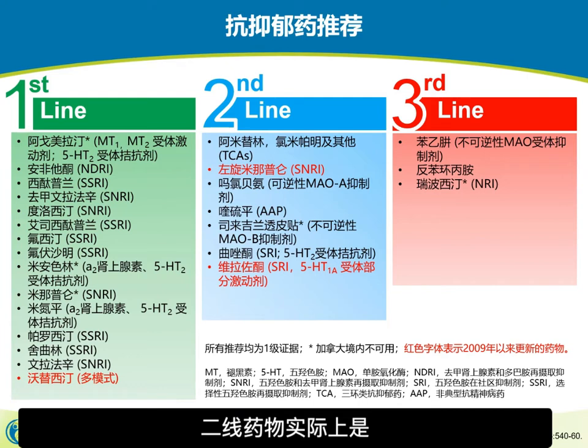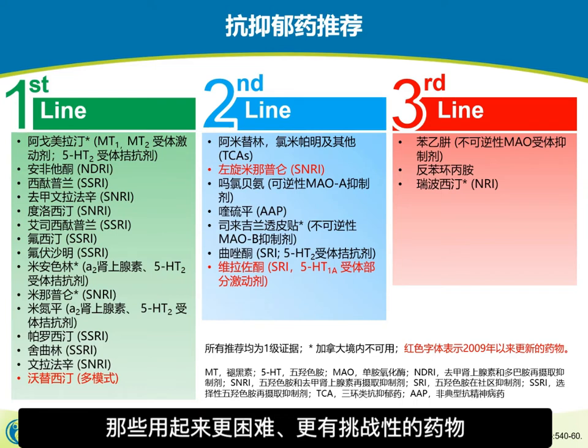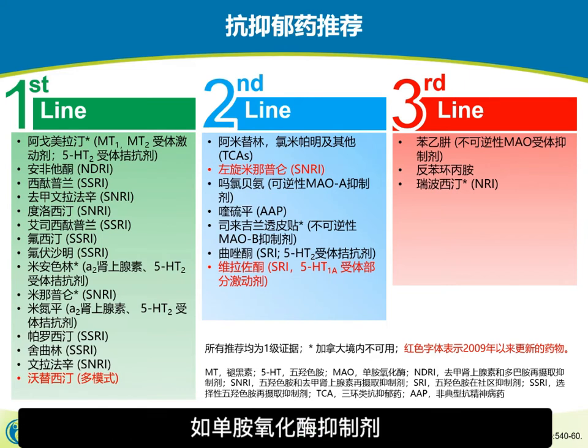The second-line medications are really those that have good evidence for efficacy, but probably have issues relating to side effects, or they may be newer medications without as much experience. And the third-line medications really include those that are more difficult, more challenging to use, like monoamine oxidase inhibitors.